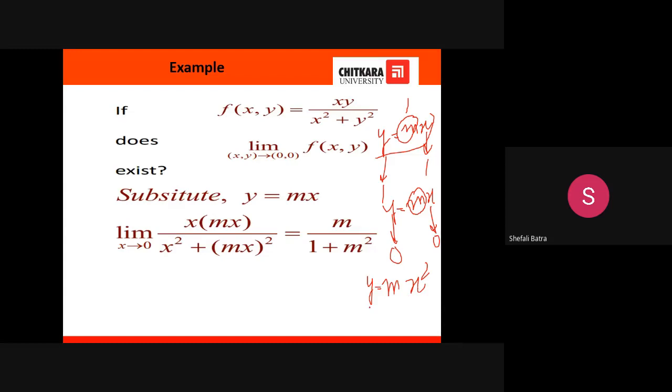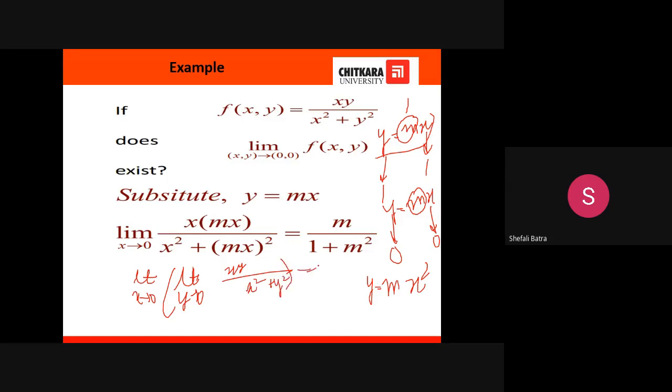So to approach from xy to origin, there are infinitely many paths. Then you need to check whether you are getting the same value or not. In this question, when you have done this path, first we are taking x approaches to 0, y approaches to 0, xy upon x square plus y square.